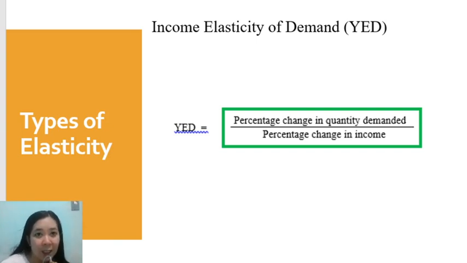In the price elasticity of demand, our denominator is the percentage change in price, because the variable being considered there is the price. In this case, our variable is income. So again, to compute for income elasticity of demand, the formula is percentage change in quantity demanded divided by the percentage change in income.